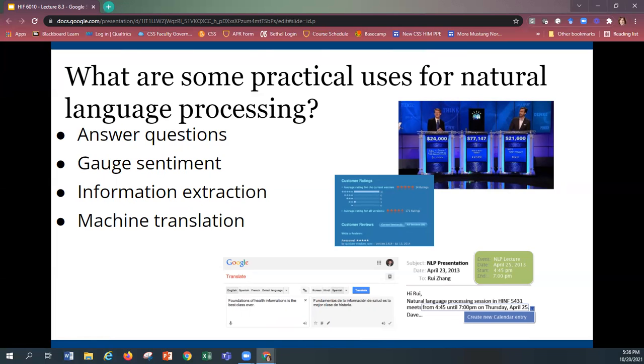Good examples include reviewing online consumer feedback for the purposes of classifying reviews. NLP is useful in information extraction. Examples include the ability of software applications to pull appointments from an email exchange and place them on your calendar. And then NLP is also useful in machine translation. If you haven't yet, take a minute and look at the Google Translate application available online.